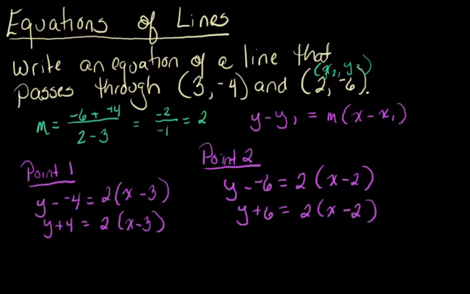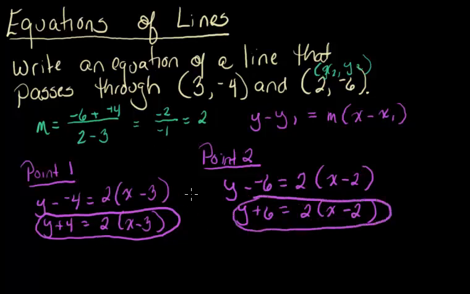So now we have our 2 points. We have y plus 4 equals 2 times the quantity of x minus 3, and we have y plus 6 equals 2 times the quantity of x minus 2.